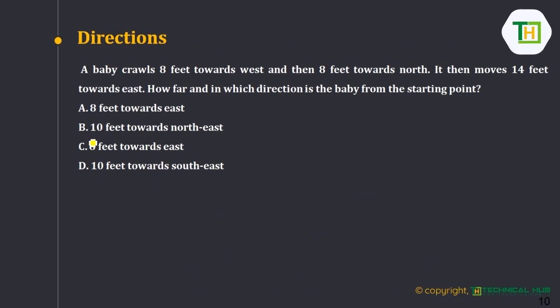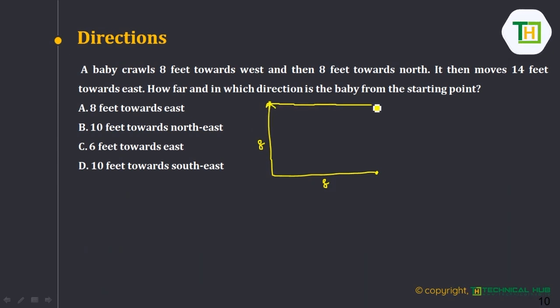A baby crawls 8 feet towards west. For example, if I take the position of the baby, first the baby travels 8 feet towards west. Then 8 feet towards north. Then it moves 14 feet towards east.